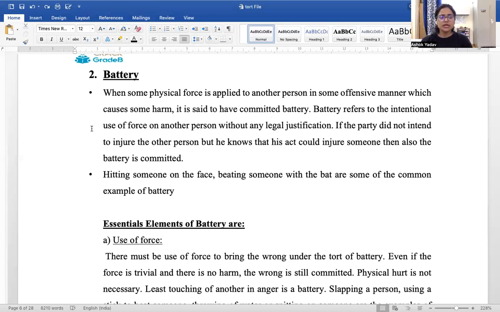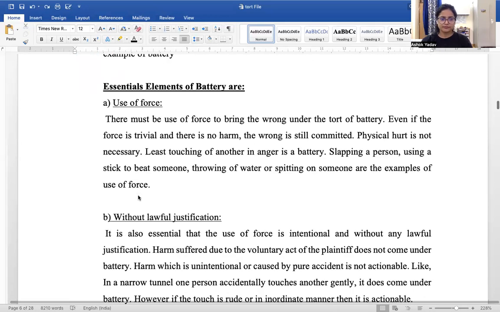Battery refers to the intentional use of force on another person without any legal justification. If the party did not intend to injure the other person, but he knows that his act could injure someone, then also the battery is committed. Hitting someone on the face, beating someone with a bat are some of the common examples of that.